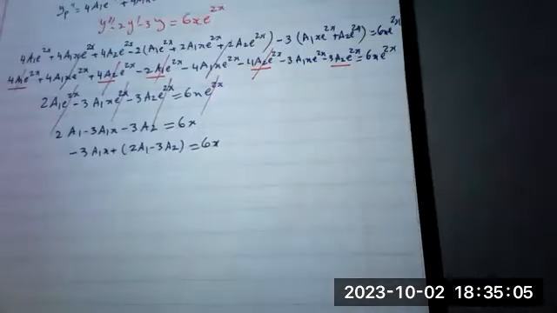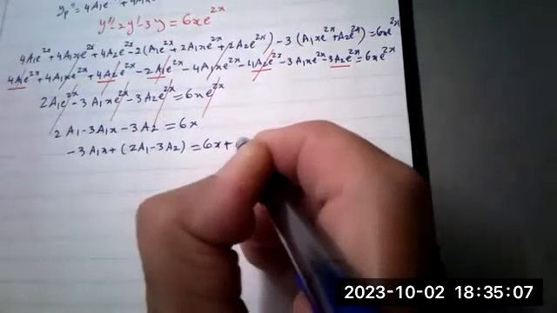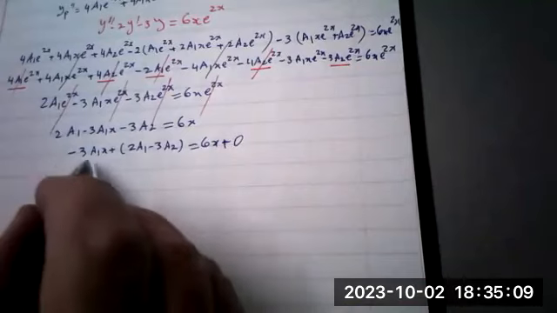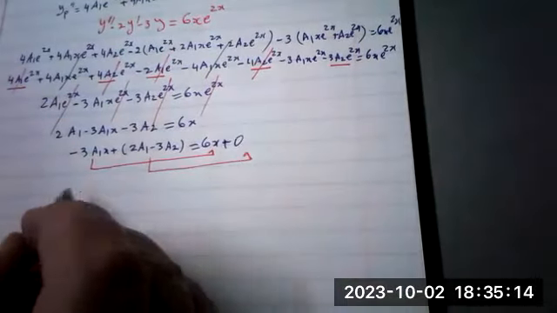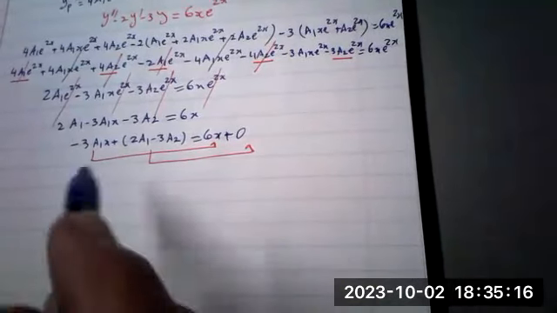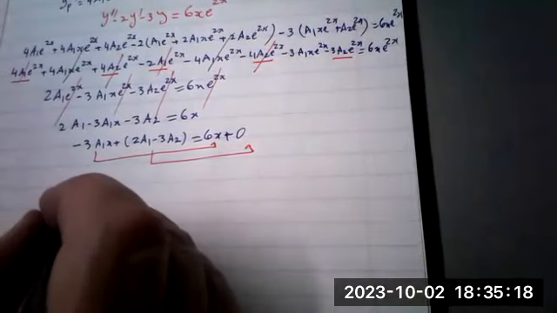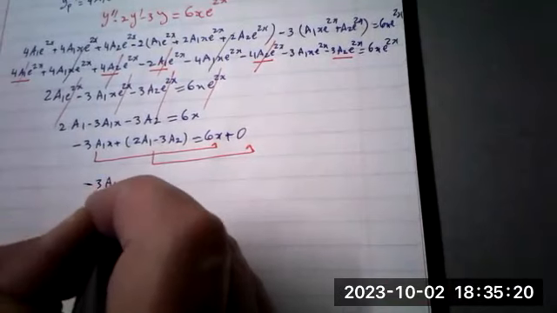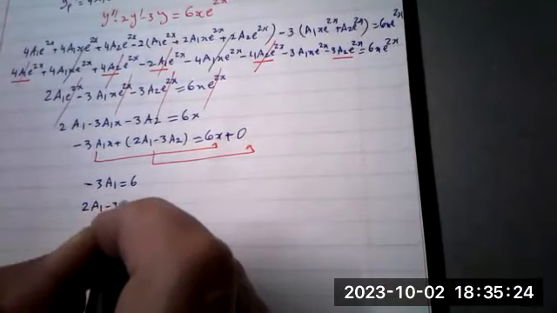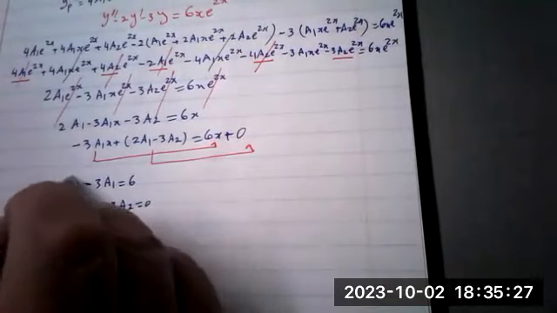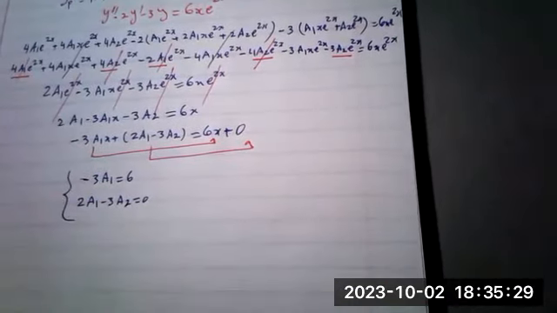It's like 6x plus 0, if you like. So you let the coefficients be equal to each other. From the first part, you get negative 3a1 equal to 6. And the second one, 2a1 minus 3a2 equal to 0.